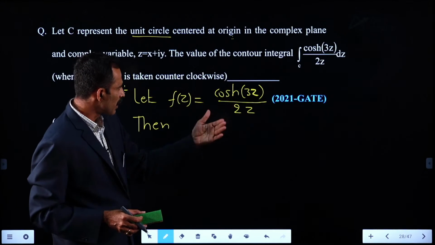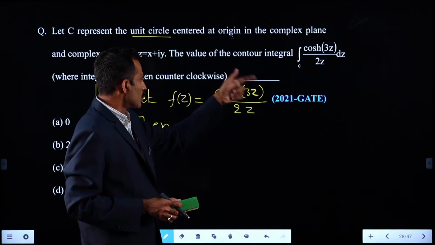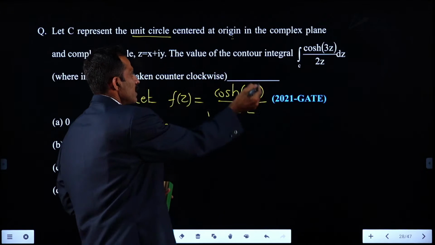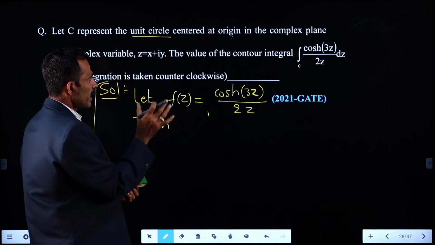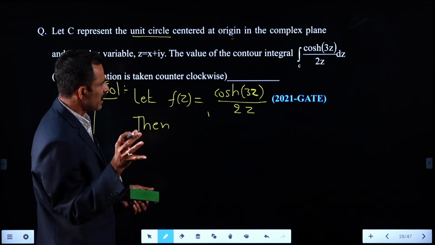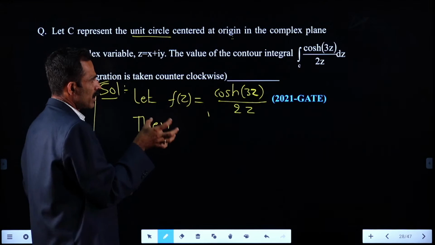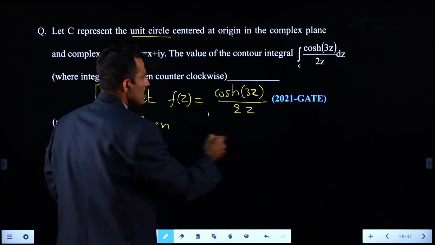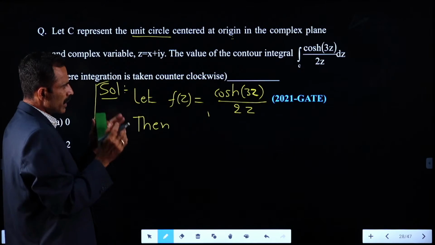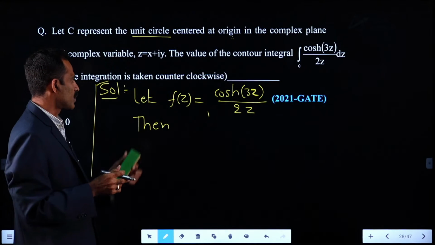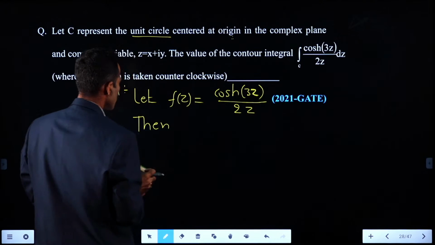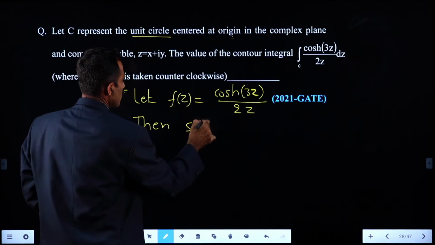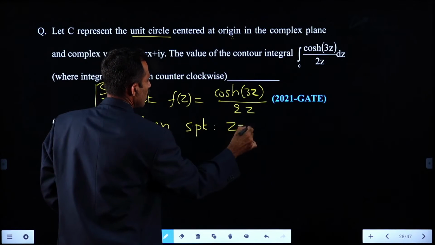But the ratio, the total function, is not defined at z equal to 0. So z equal to 0 is the singular point of this function.